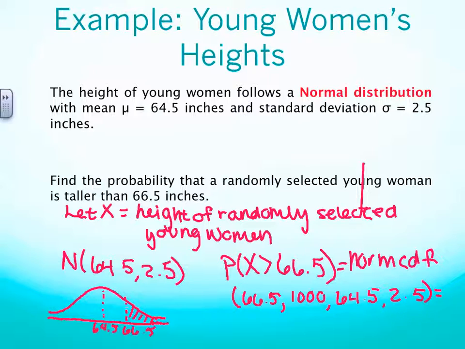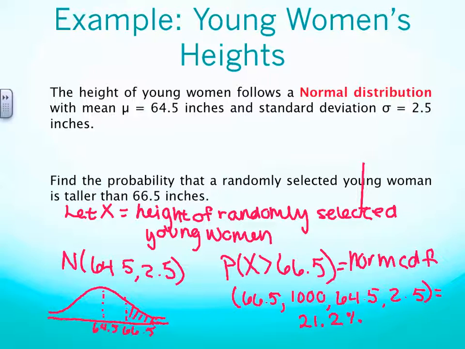We would have about 21.2%. We can interpret this as: the probability of choosing a young woman at random whose height would be over 66.5 inches is 21.2%.